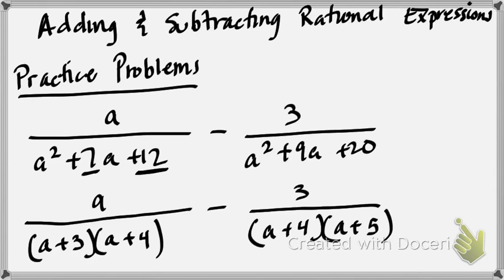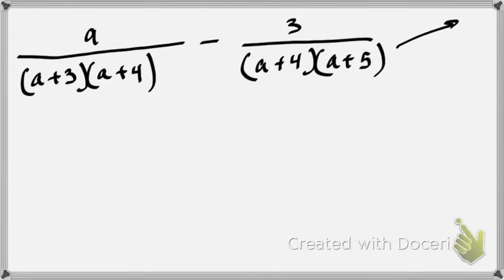All right, so let's transfer all of this to the next page and see if we can figure out what that problem will look like. Again, we're looking for what the left side has that the right side doesn't, and what the right side has that the left side doesn't.